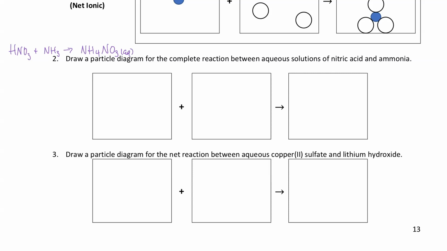All right, this is going to be a process that includes a strong acid and a weak base, which means that the nitric acid is that strong acid. It's going to dissociate into the hydrogen ion and the nitrate ion, where the ammonia is going to stay together. So I'm going to make a little key.